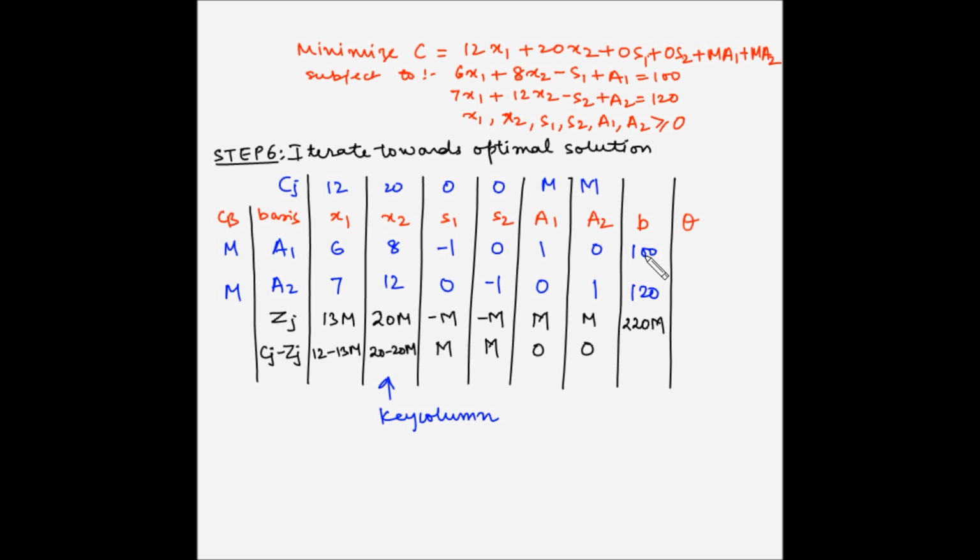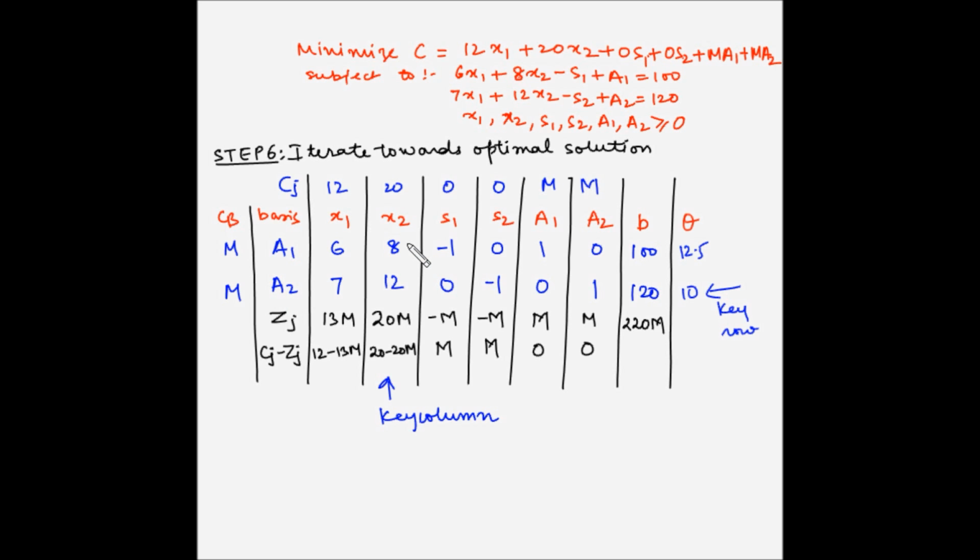So 100 divided by 8 becomes 12.5, and 120 divided by 12 becomes 10. Now the row containing the minimum non-negative ratio is marked. So here 10 is lower than 12.5, so this row becomes our key row, and A2 becomes our departing variable.